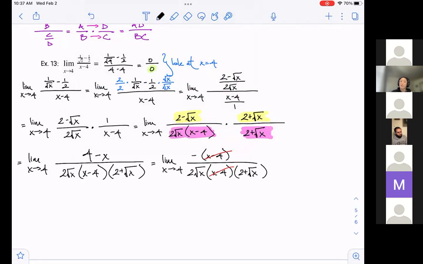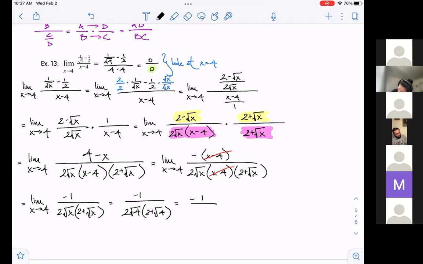And now we're like, okay, now let's try plugging in that number again. We're going to plug in 4. I get 2 square root of 4, 2 plus square root of 4, which is -1/16. Yeah, -1/16.